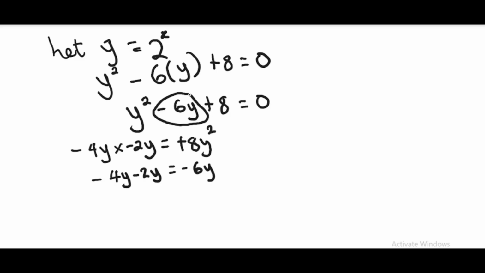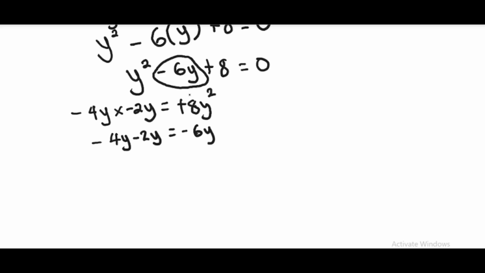The essence of doing that is for us to be able to factorize in twos, in pairs. We can't just factorize given these three terms. So breaking it down into 4 terms, we will have y squared minus 4y minus 2y plus 8 is equal to 0.